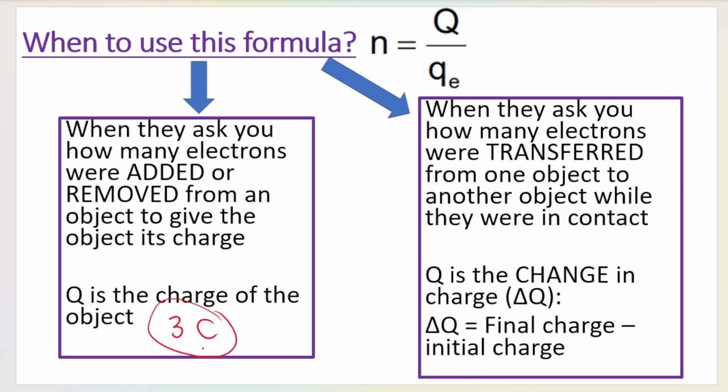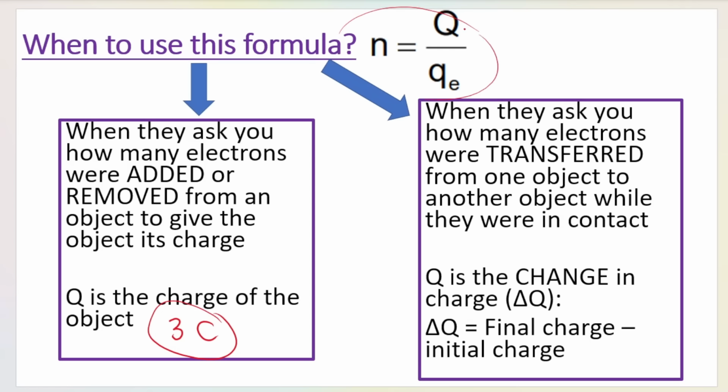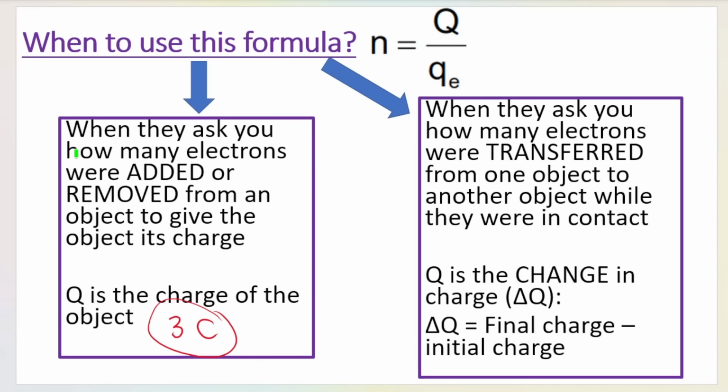It doesn't just get that charge. Remember, that's a positive charge. I must remove electrons. I must take away negative stuff, electrons, to make it positive. And the question could say, how many electrons? How many electrons must I remove? If that's the case, we use this formula and just think about it. It makes sense. We're looking for how many electrons.